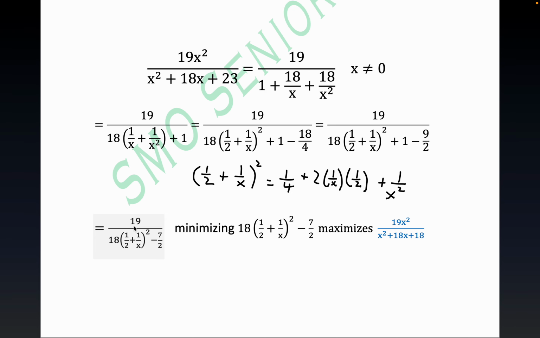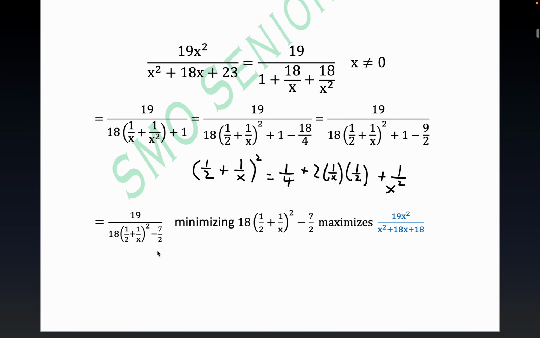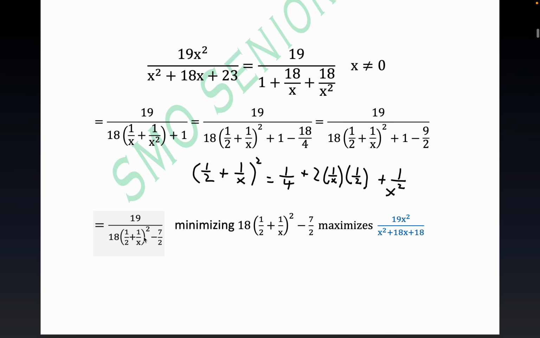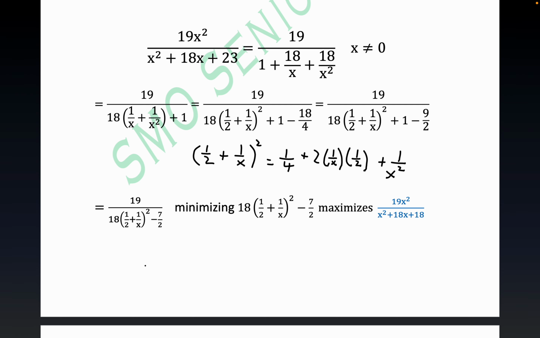So this expression, which is equal to our original object of interest, except when x is equal to 0, is going to be maximized when the denominator is as small as it can be, and that's exactly what this says. This quotient is maximized when the denominator is as small as it can be, and that's very clear that that'll happen when x is equal to -2.